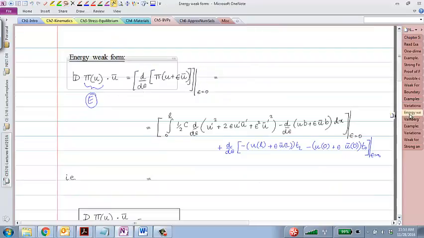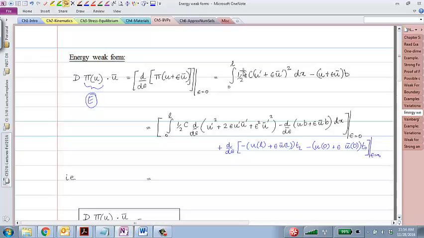So I have half times c times u prime plus epsilon u bar prime, whole squared, dx, integral between 0 and L, minus u plus epsilon u bar times the body force term.